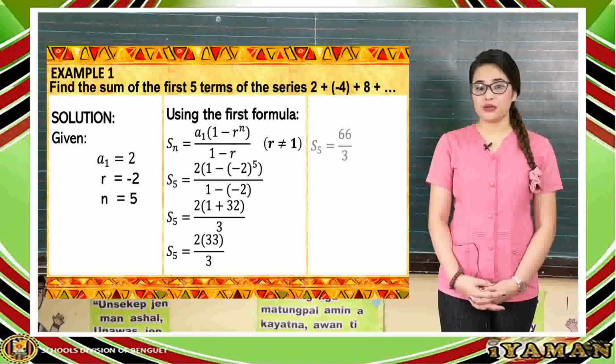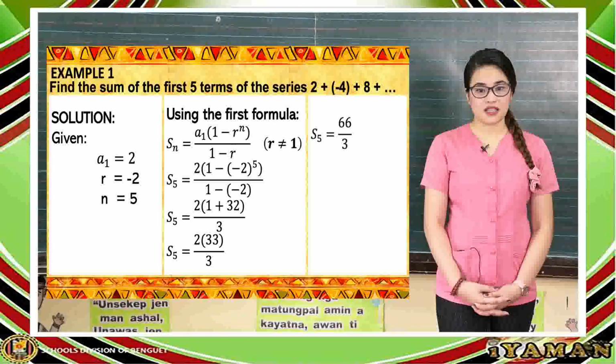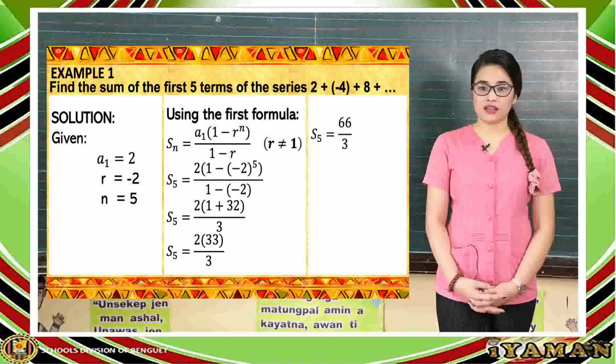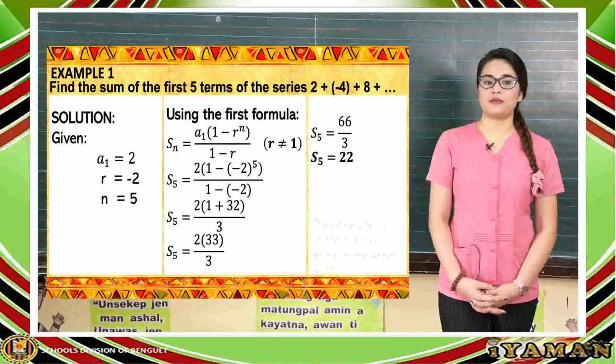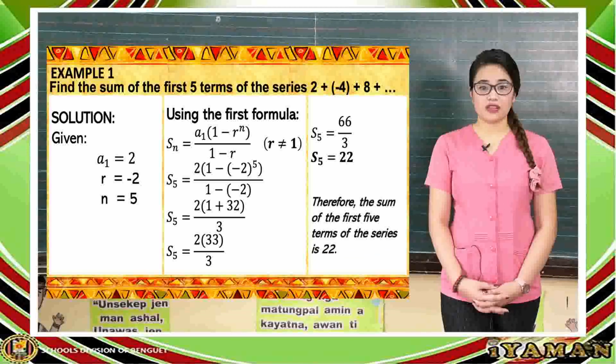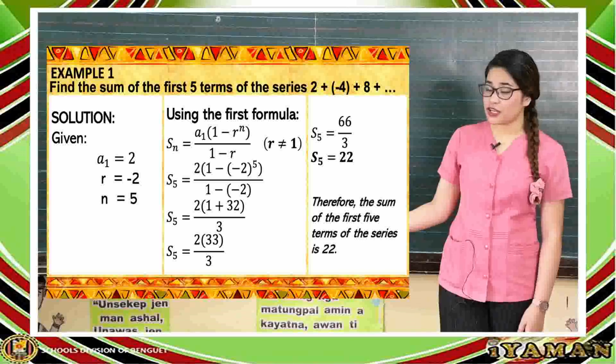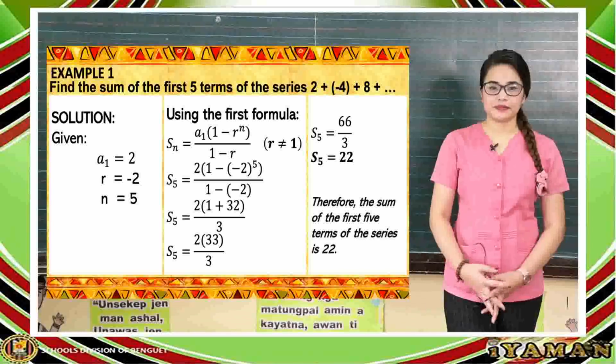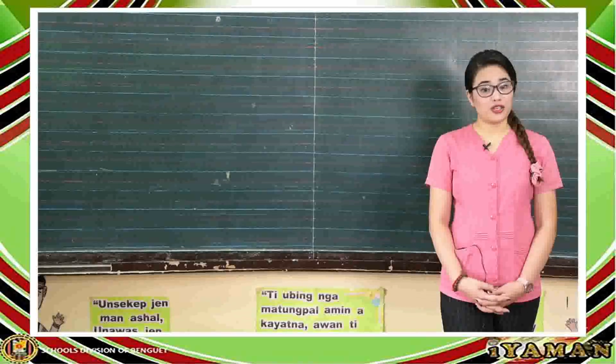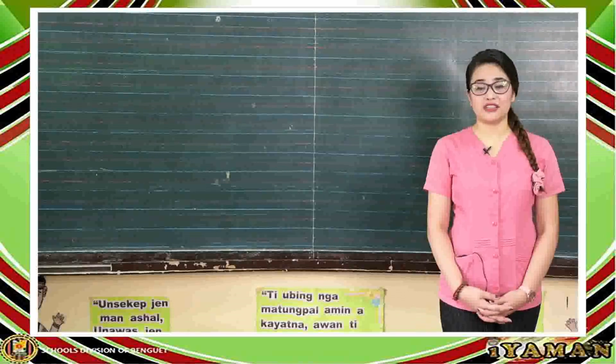Multiply it by 2, it gives us 66. Then divide it by 3, that gives us 22. Therefore, the sum of the first 5 terms of the given series is 22. By the way, you may use your scientific calculator in computing.